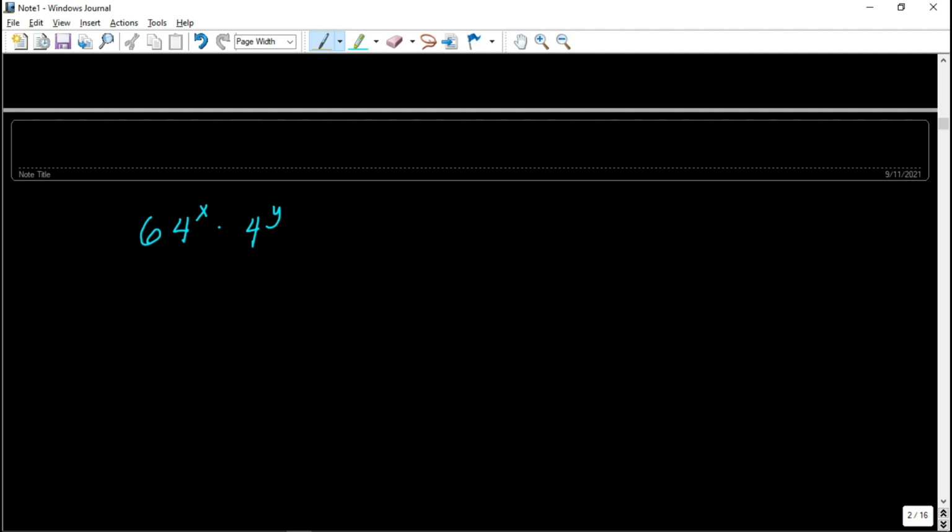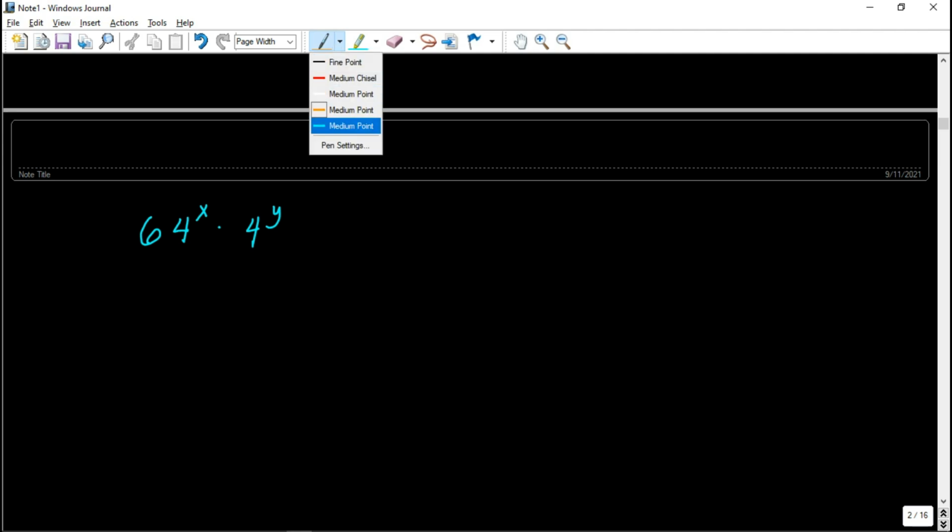So here, we need to simplify this expression. We have 64 raised to x times 4 raised to the exponent y. Now here, we can only combine this when the base is the same. 64 is a multiple of 4. We can actually express 64 in terms of base 4.